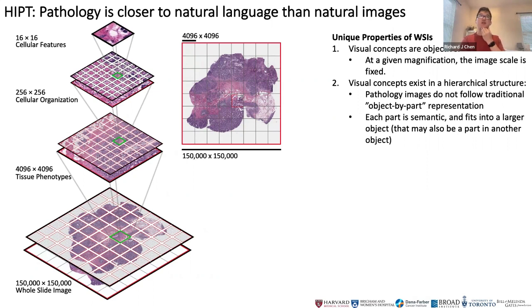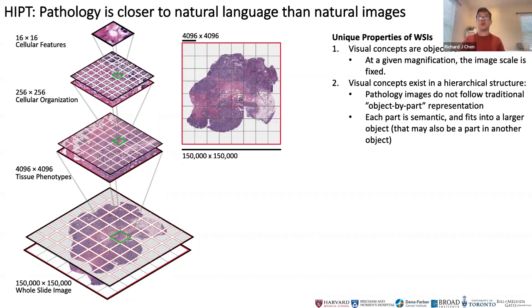Almost all the visual concepts, even if we haven't quantified them yet, are known in the H&E image. I think overall these tokens in pathology are objective. There is this vocabulary that we need to learn.